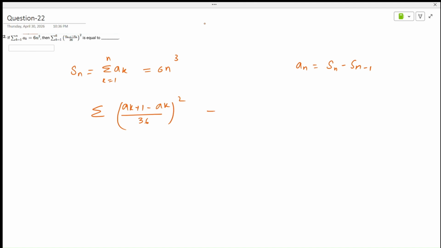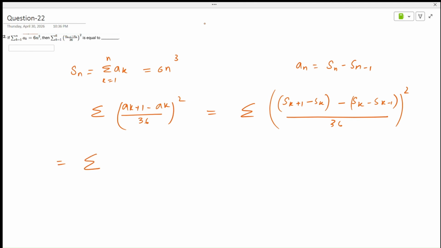So this can be written as summation ((S_{k+1} minus S_k) minus (S_k minus S_{k-1})) by 36, whole square. So that is equal to summation (S_{k+1} minus 2S_k plus S_{k-1}) by 36, whole square.